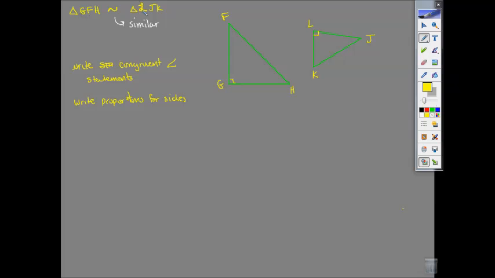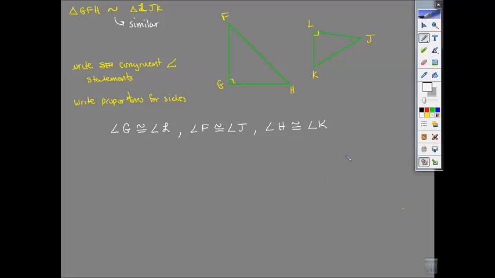So G is going to be congruent to L, F is going to be congruent to J, H is going to be congruent to K. So we'll write that down. Those will be pretty easy because you just go in the same order as the triangles are written.